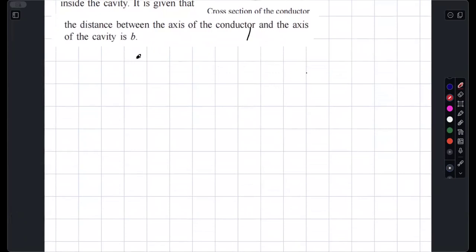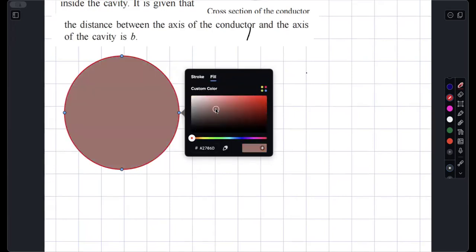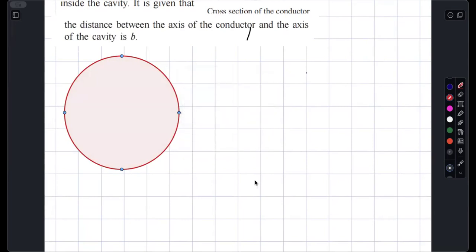This entire thing, so imagine this color is representing an outward current.